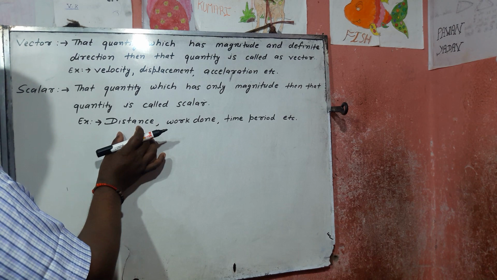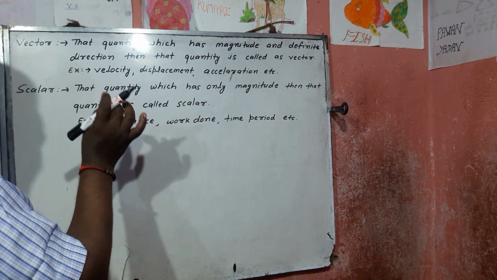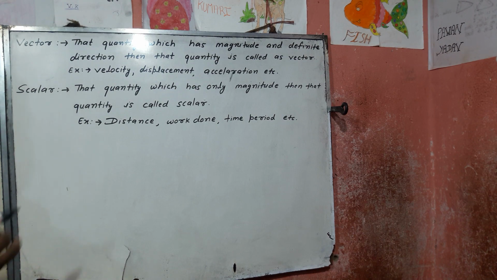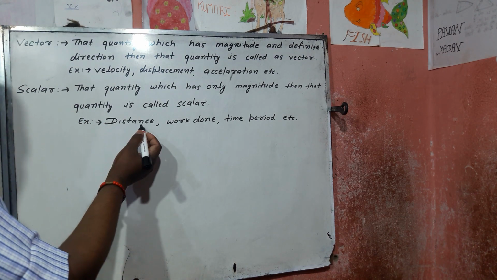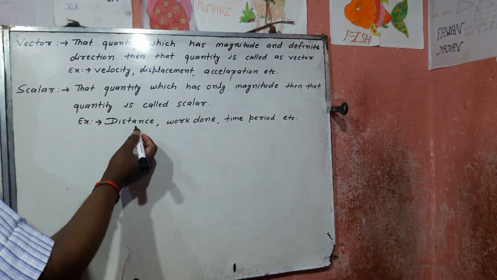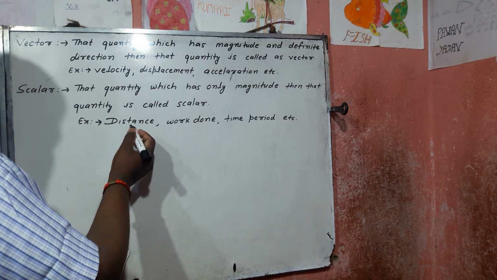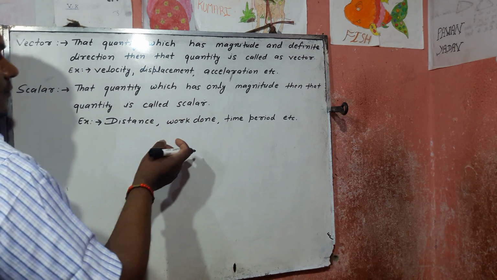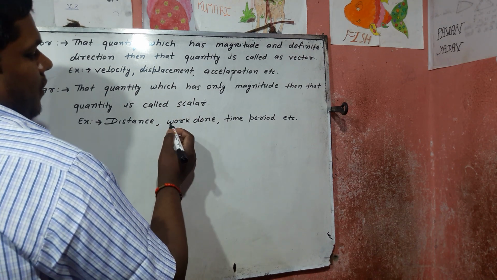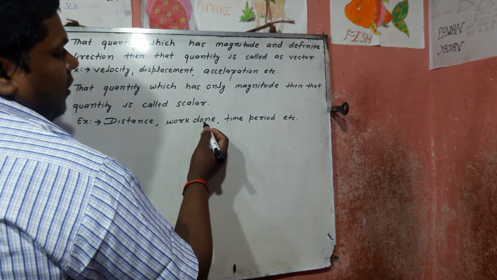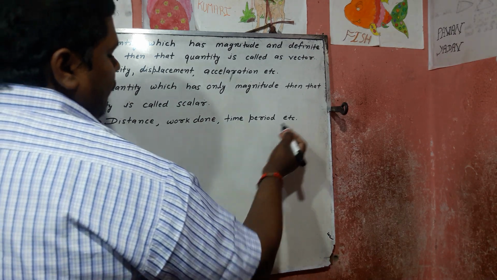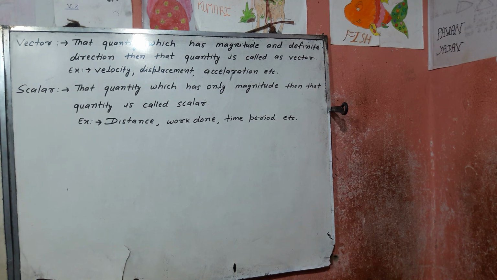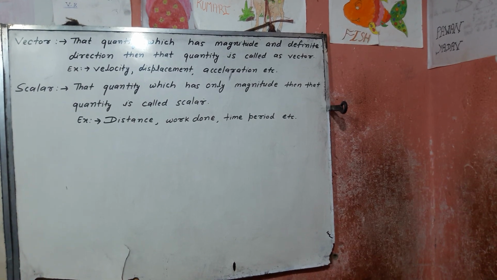Distance has only magnitude, so it is a scalar quantity. Other examples are work done, time period, etc.